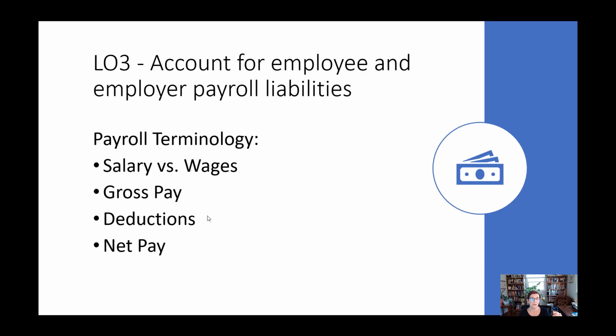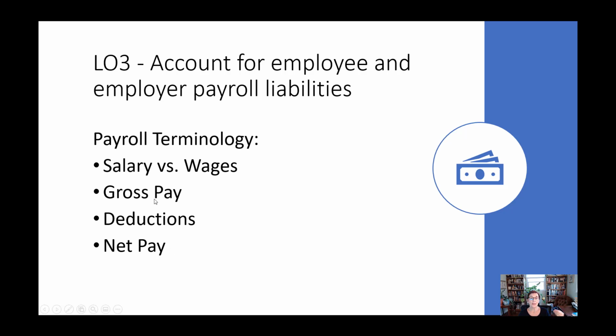Other kinds of deductions are FICA, which is the Medicare and Social Security tax withheld, so those are not optional. And then there are all kinds of other optional things that might be withheld from your paycheck, things like union dues, contributions to your health plan premiums, 401k contributions, savings, a bunch of other things.